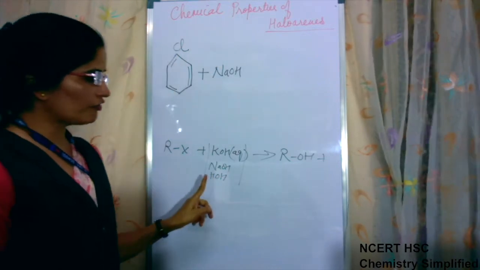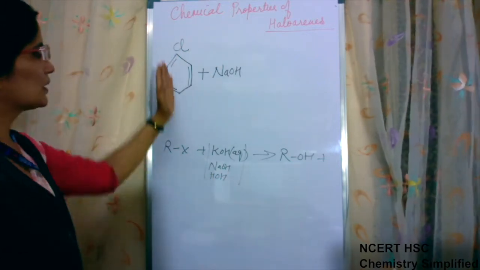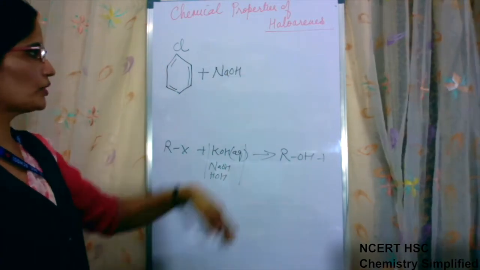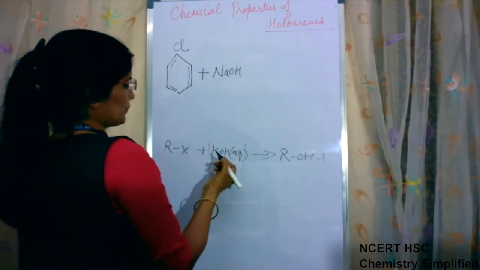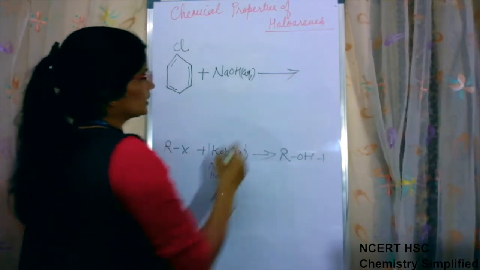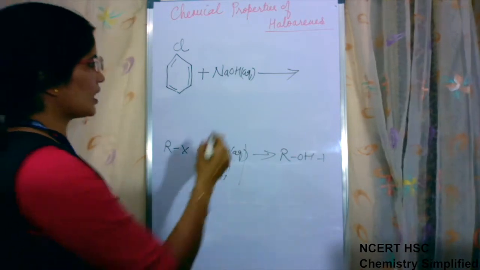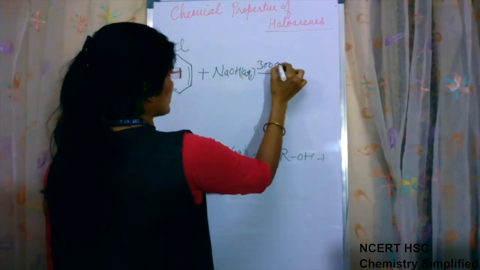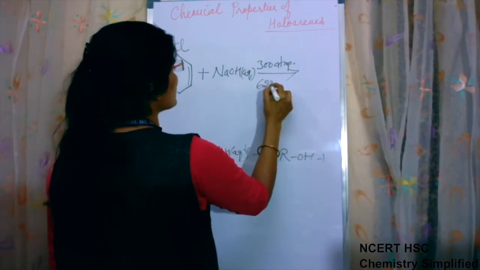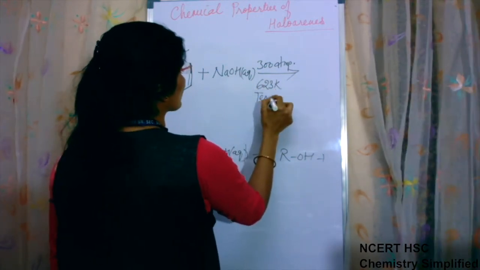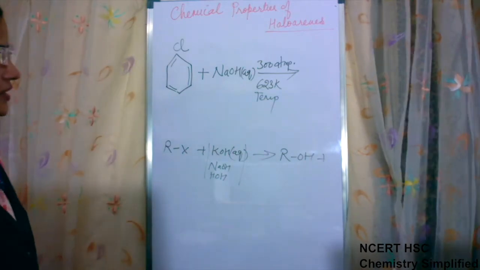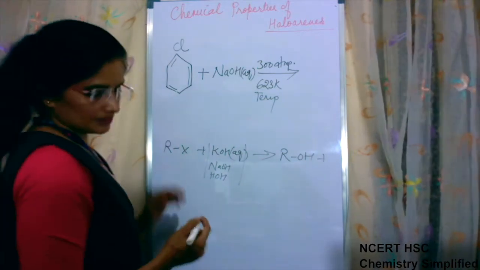This is an example of nucleophilic substitution reaction. Haloarenes are made to give nucleophilic substitution product by using NaOH or KOH aqueous, but the conditions required are very harsh. 300 atmospheric pressure and near about 623 Kelvin temperature.